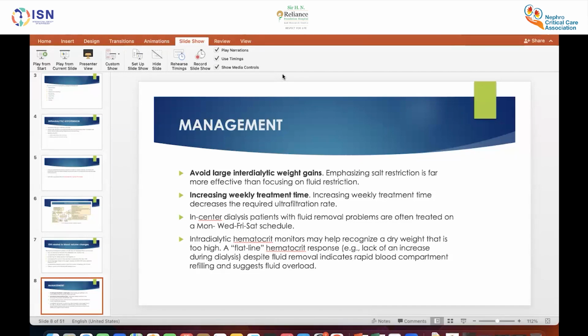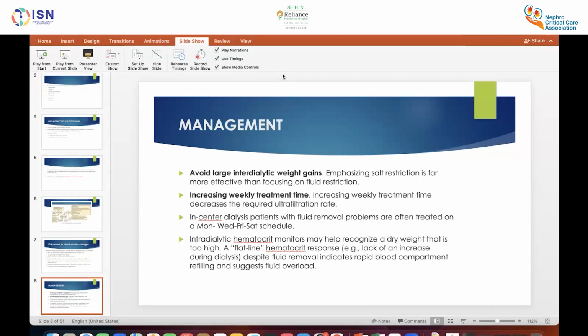Now you have started the dialysis and the fluid removal. When you see a rise in hematocrit, it means you are taking out more water than the venous refilling is happening.